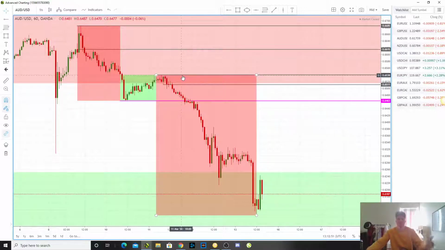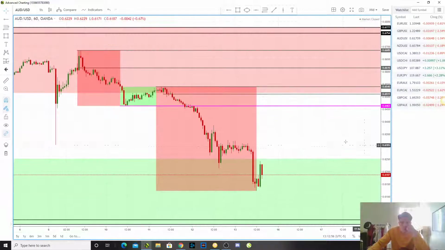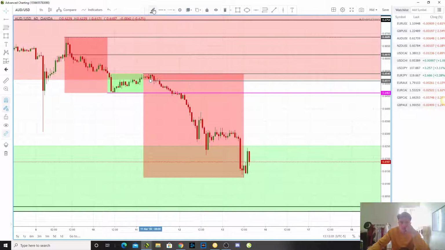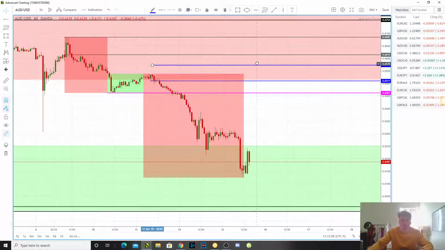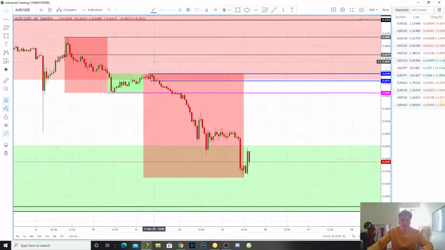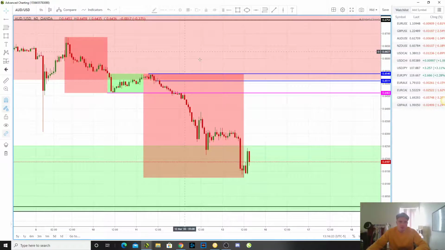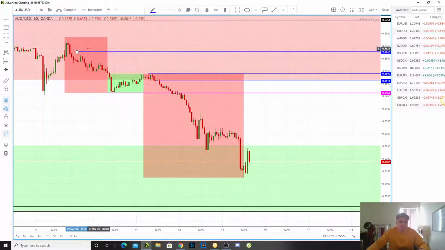That's going to be our level right there. Okay, so I'm actually going to change this probably just to a standard trade because it's with the trend. And this one will be a standard range trade up here.